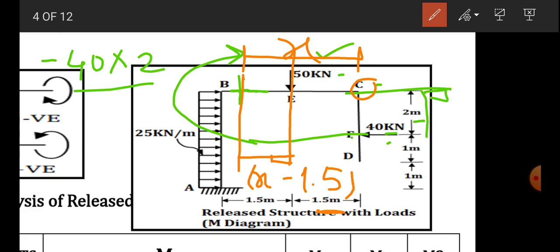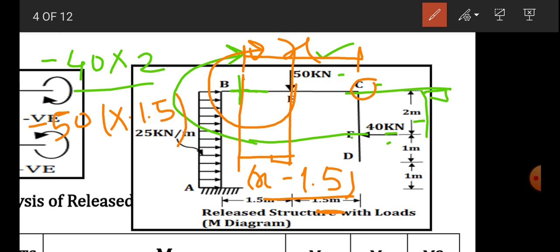Now find the rotation. It will rotate about the vertical imaginary axis in a clockwise sense, so the sign will be minus. The moment will be minus of force 50, and the lever arm is x minus 1.5.